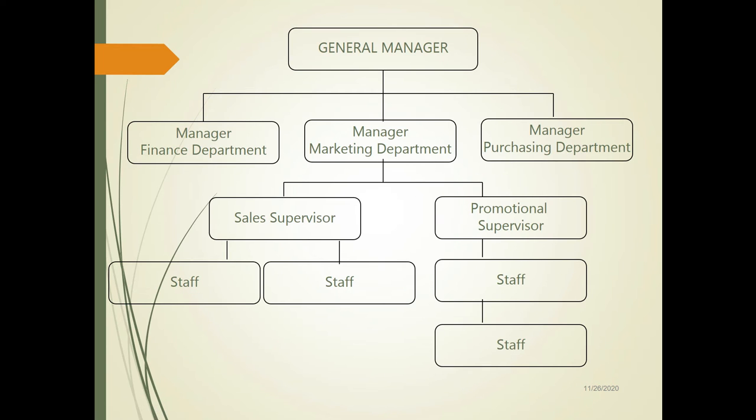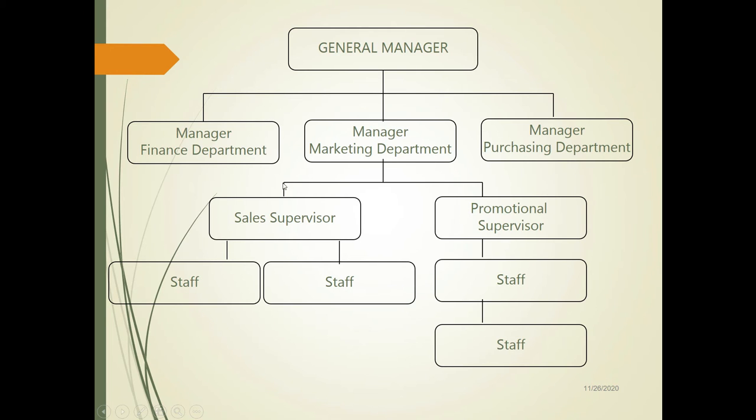So here is an example of an organizational chart. Unity of command says that, of course, a staff member, for example, is held accountable to one superior or supervisor.